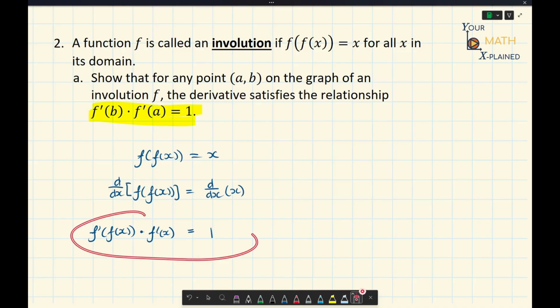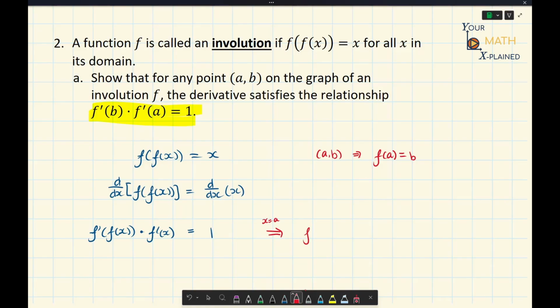And this is going to be true for all x in the domain of the function f. So now (a, b) is a point that is on f. So this means that f of a is equal to b. So that tells us at the point x is equal to a, we would have f prime of f of a times f prime of a is equal to 1.